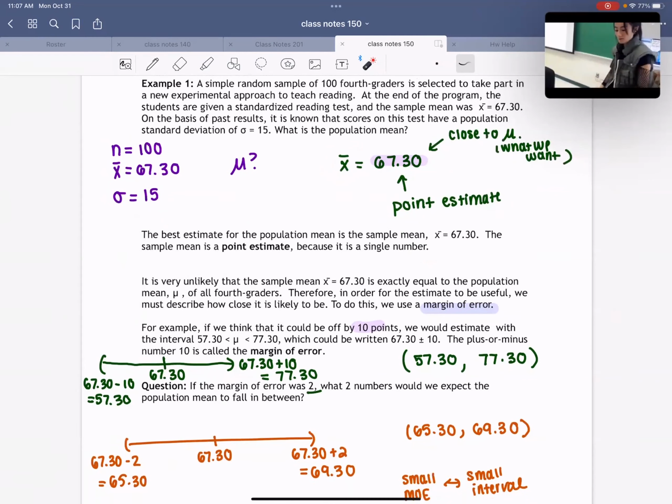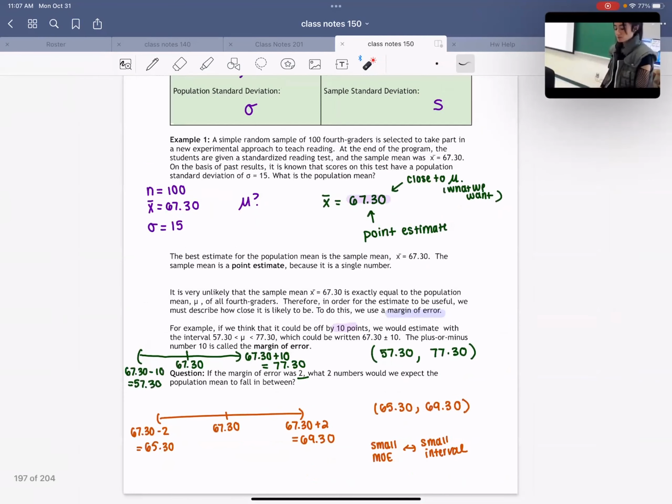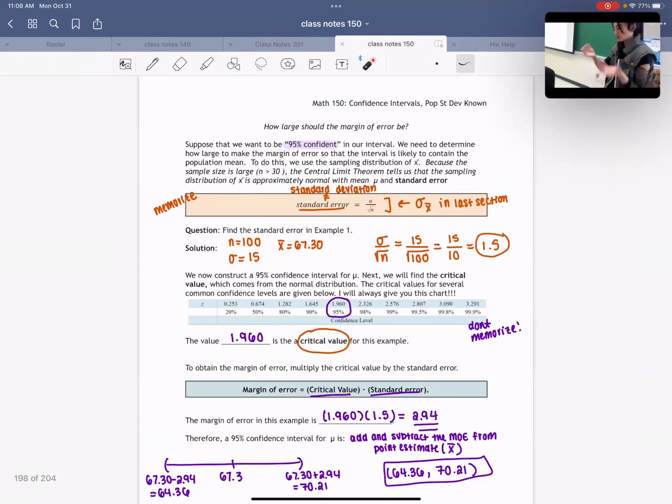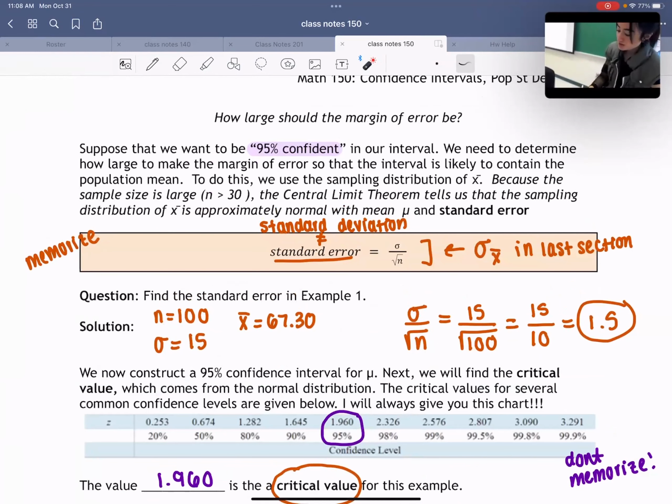Now, I kind of gave random margins of error. So instead of just telling you a number that the margin of error is, we have a way to calculate this value. Let's just say I wanted to be 95% confident in our interval, and I'll go back to what that means. First we'll find the standard error, which is literally what you did on the quiz, sigma over the square root of n.